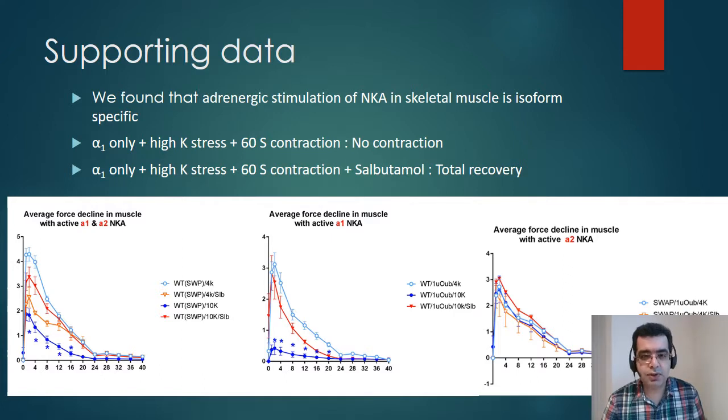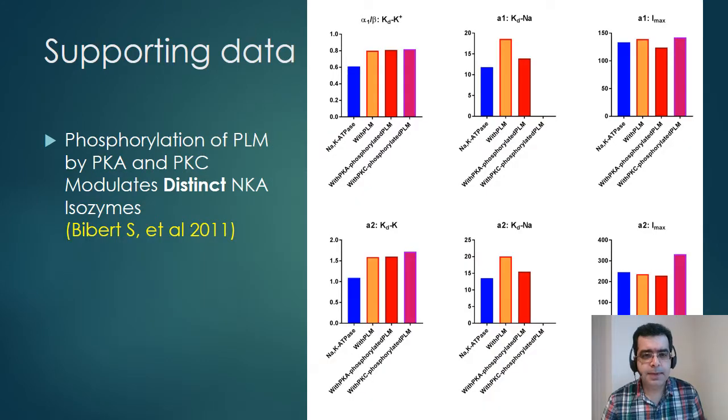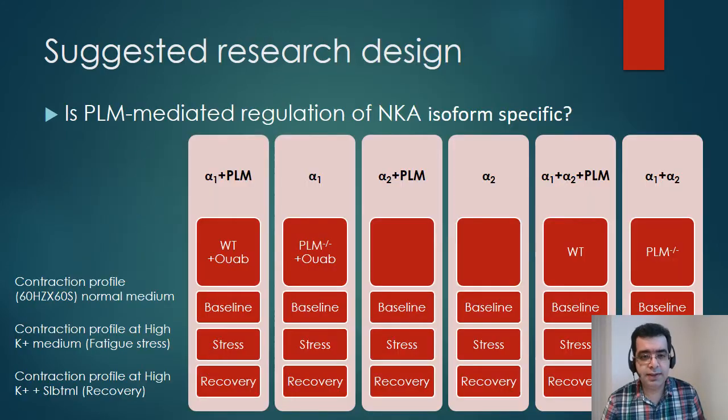I briefly reviewed our muscle contraction data regarding adrenergic effect, which I will explain would be relevant to the current project as well, and others' findings. And I suggested a set of experiments designed to address the phospholemman role in alpha 1 and alpha 2 isoform regulations.